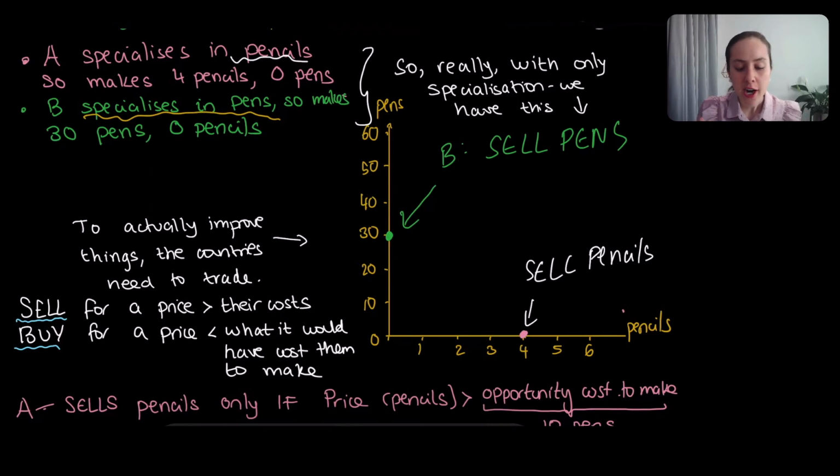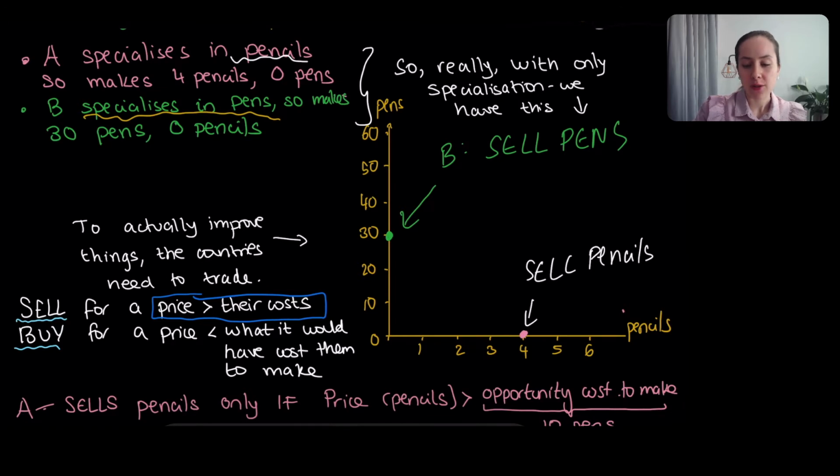What that means is they have to sell them for a price that covers their opportunity cost, that's more than their opportunity cost. Otherwise, why would you want to sell the good that you've just made? But at the same time, they are only going to sell the pens and the pencils if they can acquire the other good. Otherwise, there's no point in selling the good in this simplified economy.